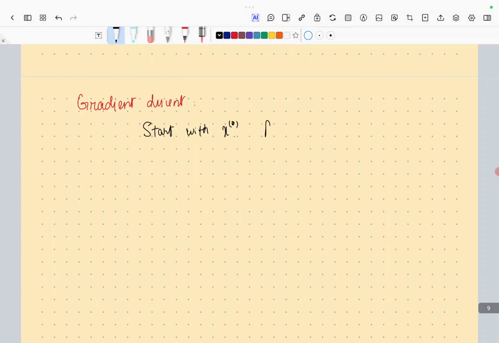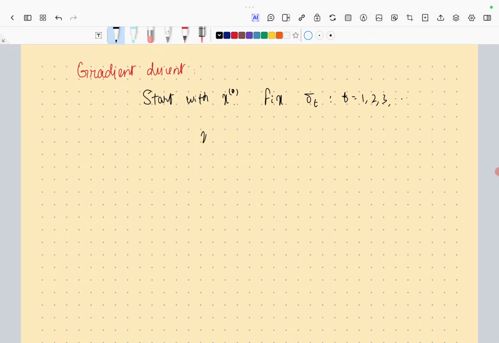And you fix some step size delta t. We'll see how one can possibly choose this delta t later. So delta t for t equal to 1, 2, 3, and so on. You could fix a delta t equal to delta for all t. That's one way of choosing the step size, but there could be other ways also.